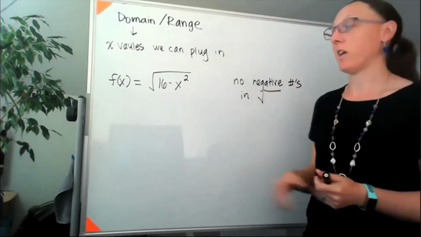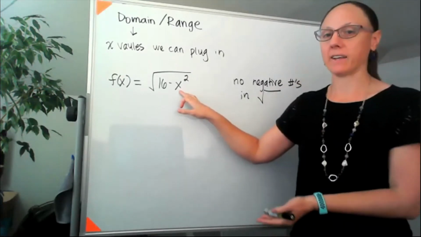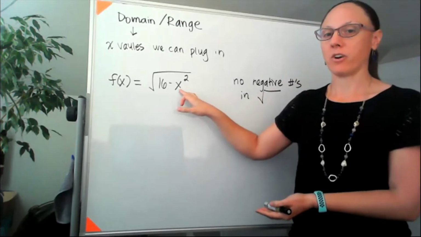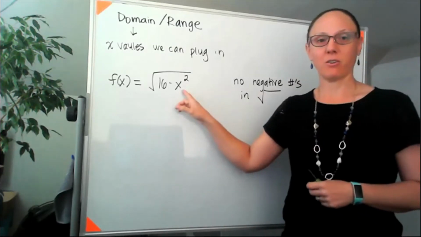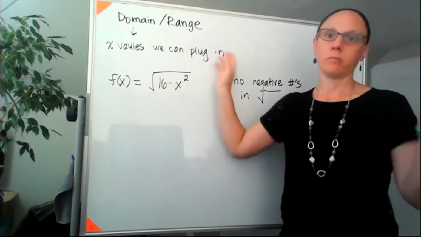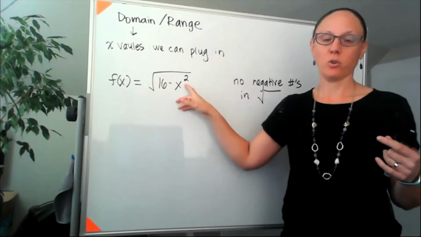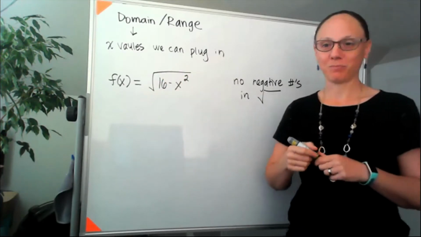So for example, if I tried to put in 100 for x, 100 would not be in the domain. Because if I tried to plug in 100 for x, I'd have the square root of 16 minus, well, a huge number that for sure is going to leave us negative inside the square root.